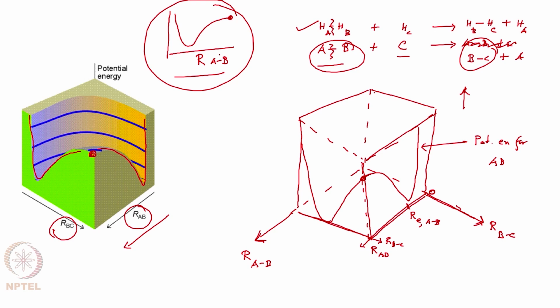At a very asymptotic distance, it is basically A plus B isolated. But if you follow the BC bond vibration, this corresponds to B plus C, because the BC bond has totally dissociated. So this point on the energy surface corresponds to three isolated atoms together.